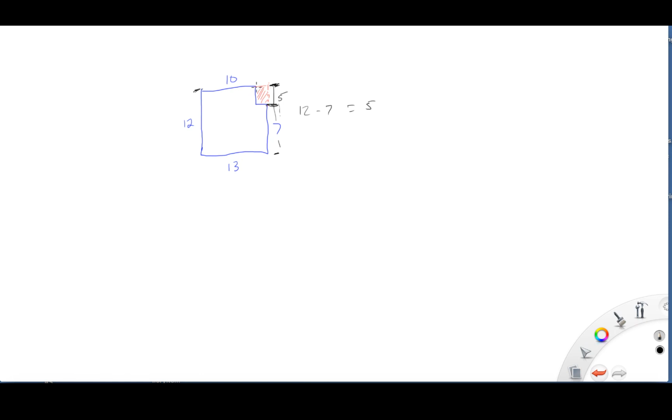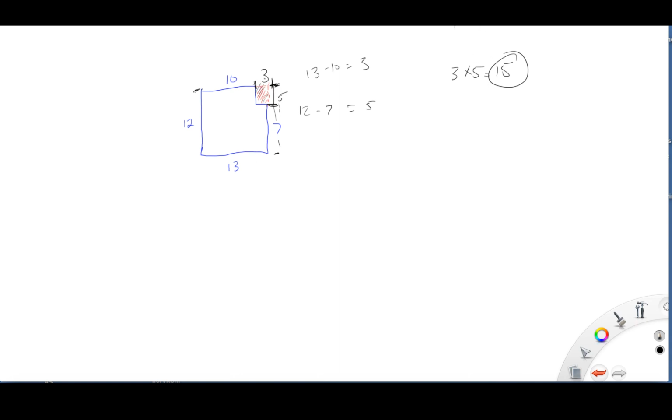Let's figure out what this is. We said that the whole thing is 13 and this up to this point is 10. That means this has to be 3. In other words, 13 minus 10 gives you 3. So we know what these two sides are. Well, 3 times 5 is 15. So the area of this little square right here is 15.